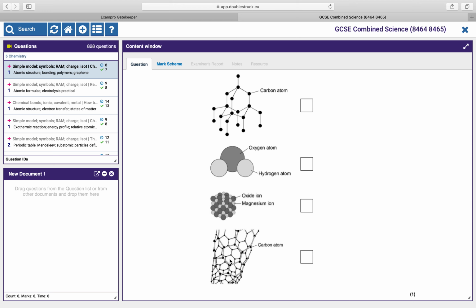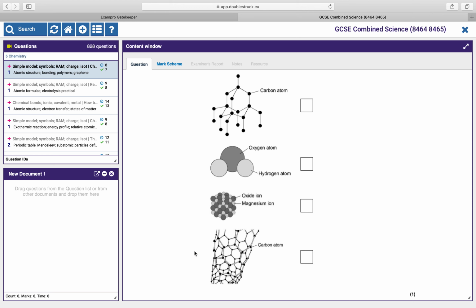Now, notice the difference between a giant covalent molecule and a simple one. A giant covalent molecule has lots and lots of carbon atoms all joined together to form this massive structure.